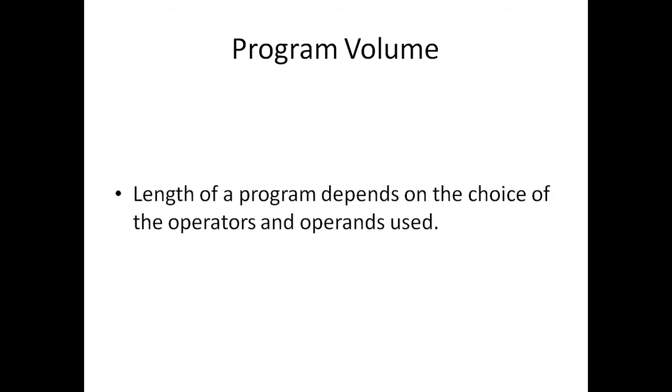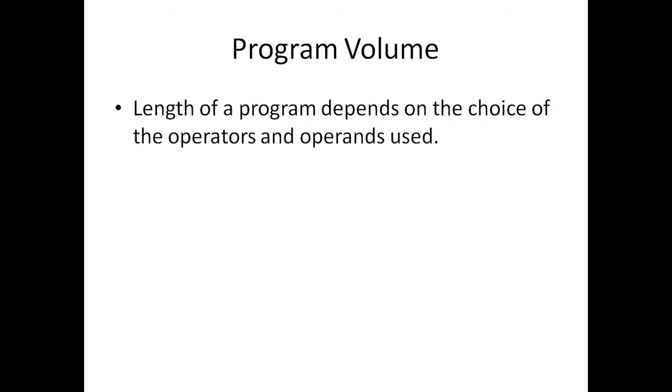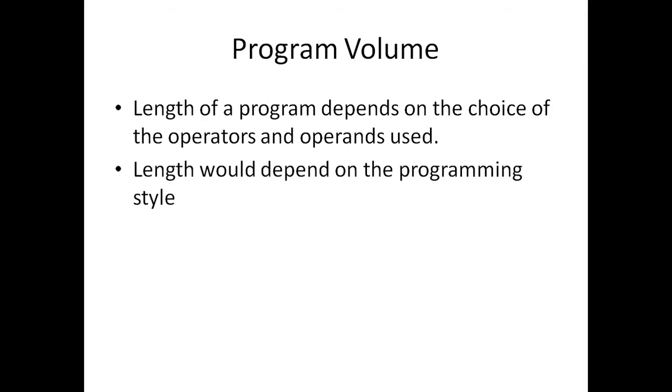Then he defined program volume. If we consider the length of a program, it depends on the choice of operators and operands used. So it varies from programmer to programmer.